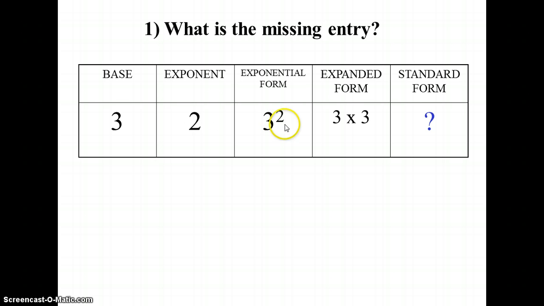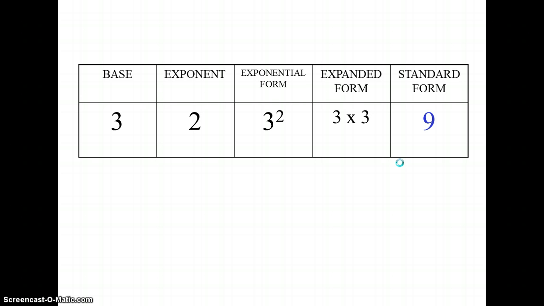In expanded form, I would write 3 times 3, because expanded form is the base being repeated however many times is indicated in the exponent. And the missing piece for this one is the standard form. So you would need to figure out what is the product of 3 times 3. And in this case, the answer is 9.